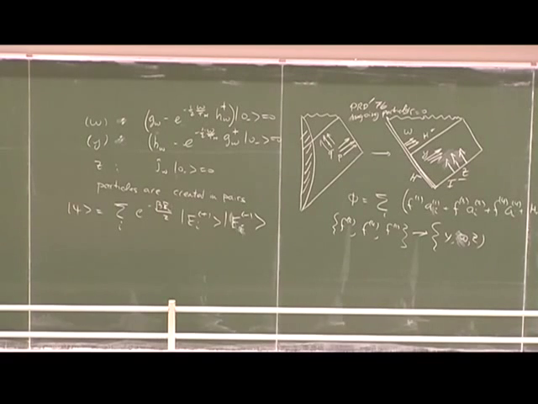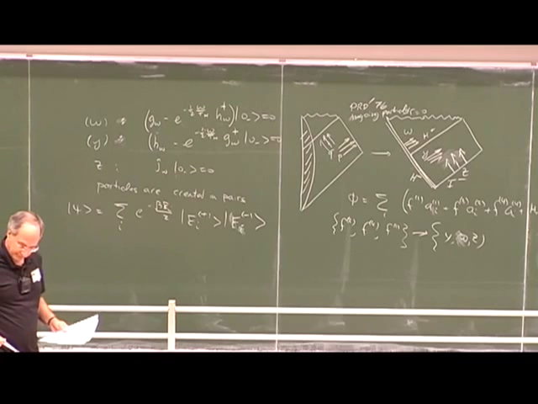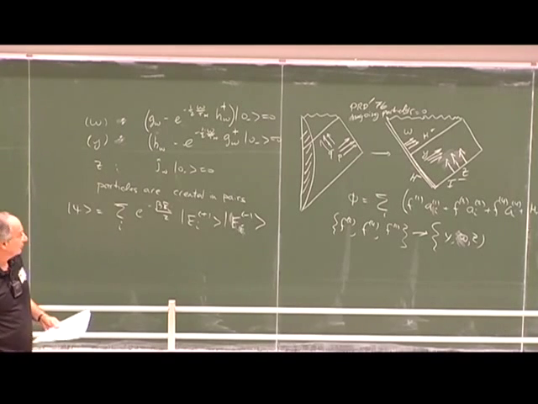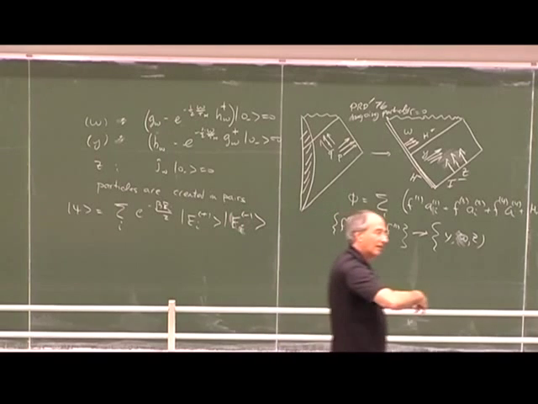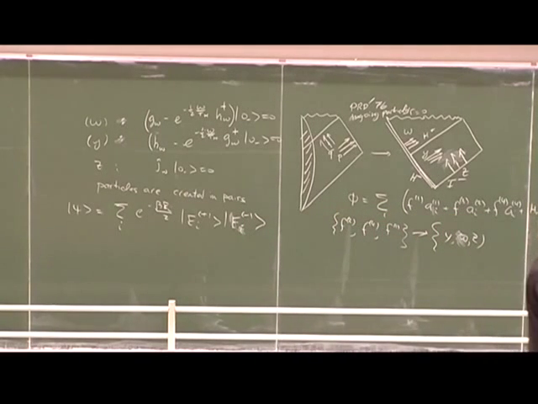And in this case, you see that if we trace over the negative energy ingoing particles, we get a thermal state, which is exactly the outgoing particles that we encountered before. Okay? So this fits the previous calculation.